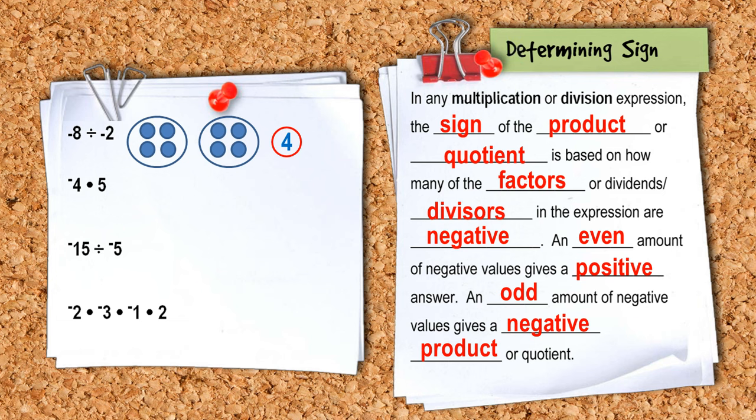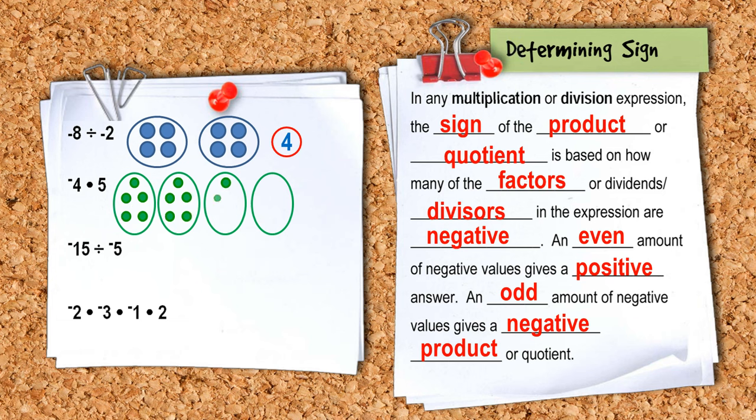Negative 4 times positive 5. Well, I see 1 negative, which means it's an odd number. Odd number of negatives gives me a negative answer. So no matter what, my final product here is going to be negative. I'm going to put together 4 sets of 5, 5 in each group. When I count them all out, I'm going to end up with a total of 20.